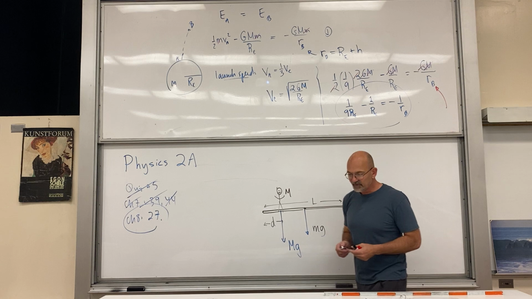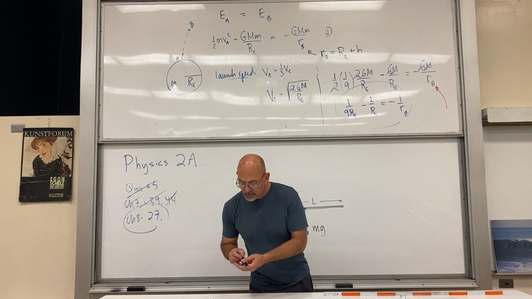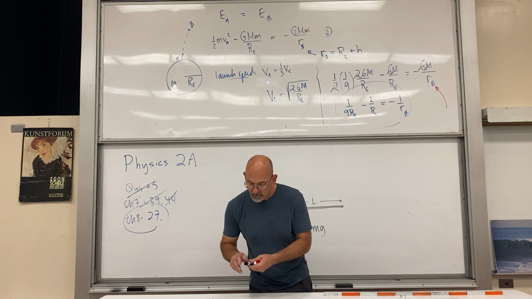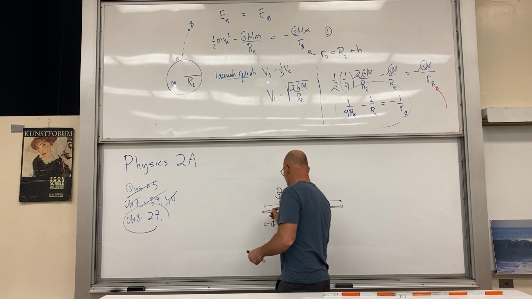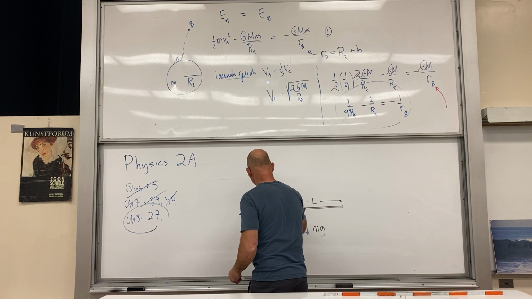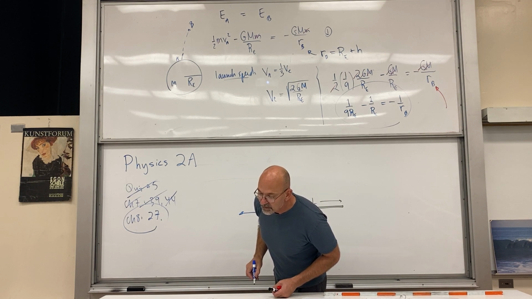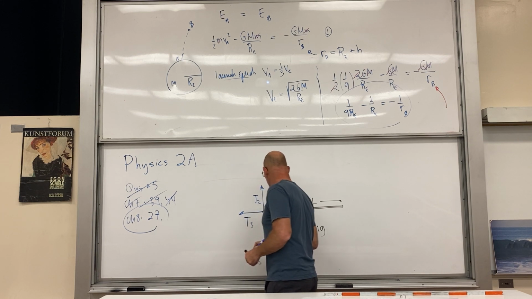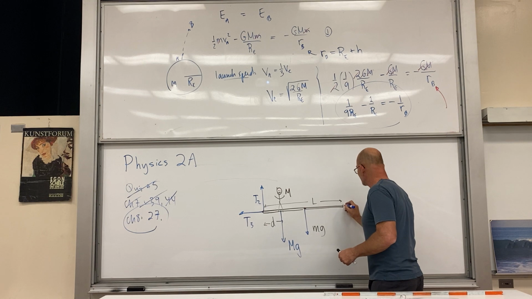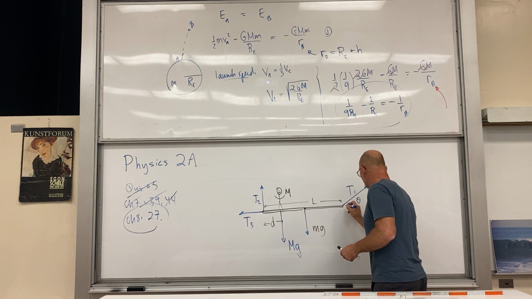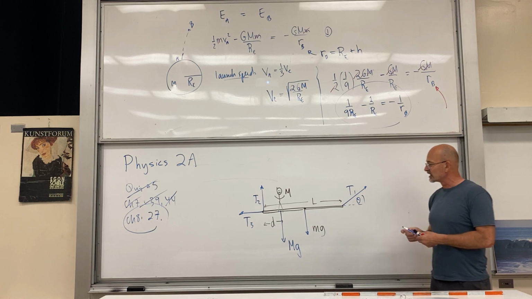So what's holding the board up is a couple of ropes. They made it nice. We have 3 ropes here. So we have a tension force here. These are T sub 3 and T sub 2. And then we have one coming up at an angle, T sub 1, and I'm just going to write theta. So this is a perfect statics problem.